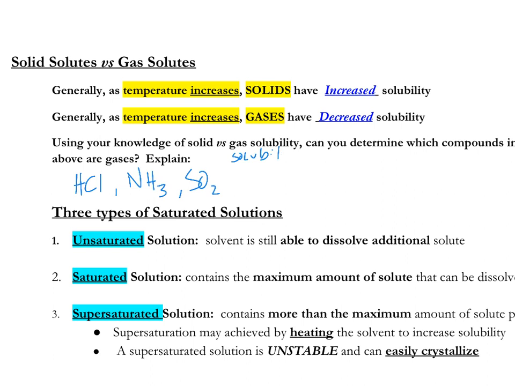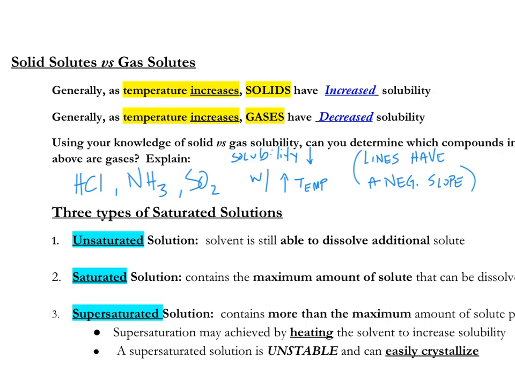So solubility decreases with an increase in temperature. As temperature rises, the solubility of gases decreases. In other words, they have the negative slope. So your lines have a negative slope. Easiest way to determine that.